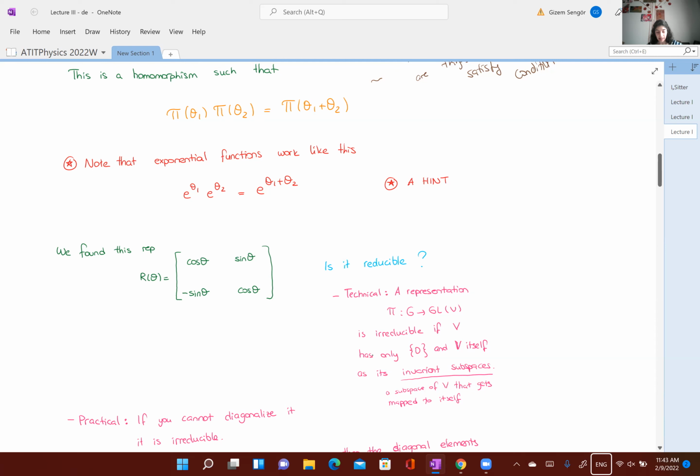That means, okay, an invariant subspace. So remember, these are defined over some vector space V. An invariant subspace is a portion of this vector space that keeps getting mapped to itself. So you do some transformations on it, but it doesn't change, hence the invariance.